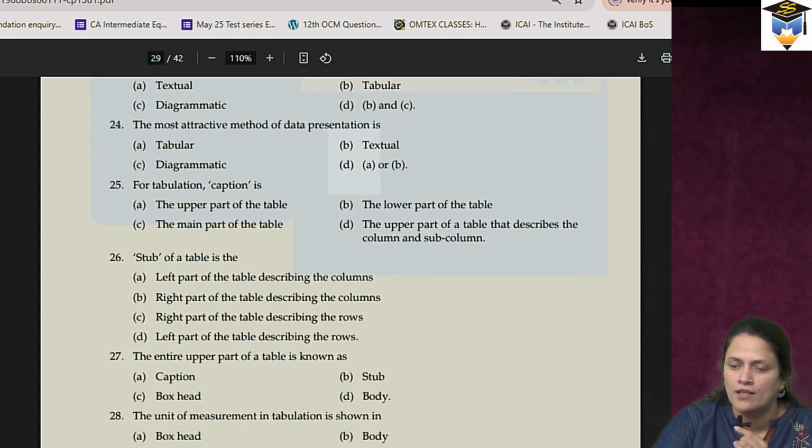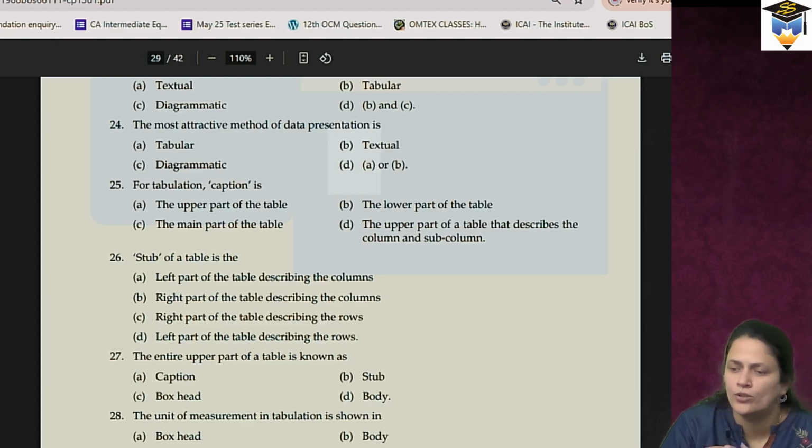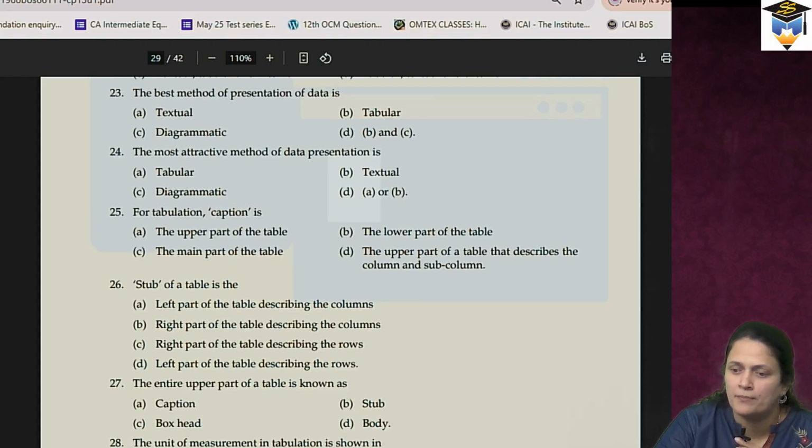24th, the most attractive method of data representation is, correct. The best method of presentation of data, both B and C. Tabular is also correct.